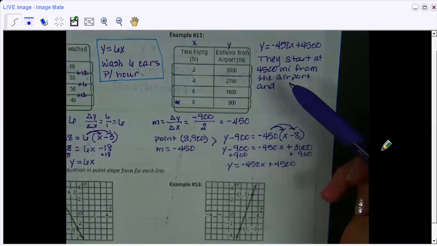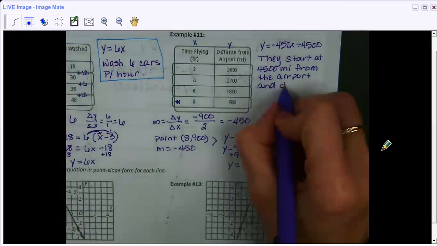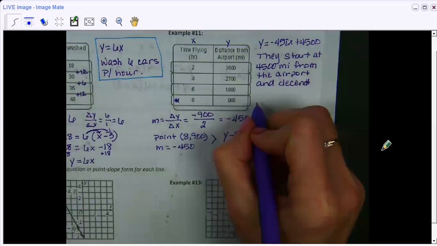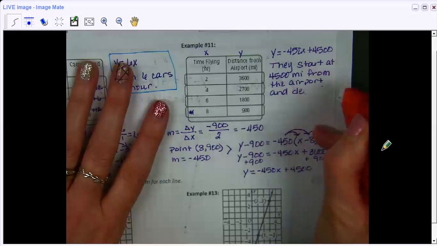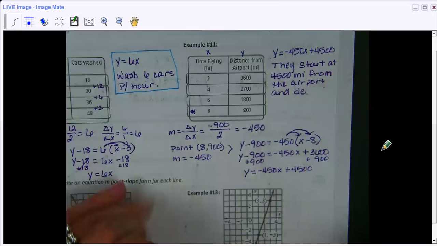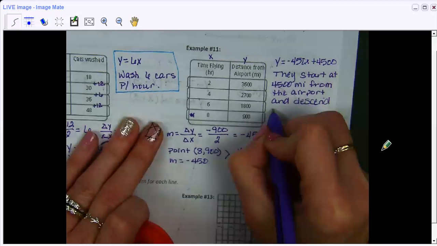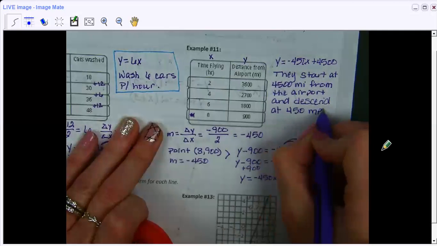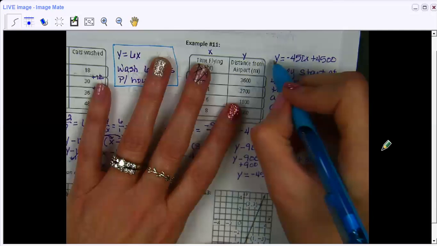They descend at 450 miles per hour. Oops, descend. I spelled that wrong. There you go. So that's how you would describe the table and the equation.